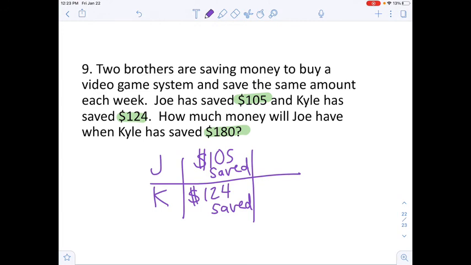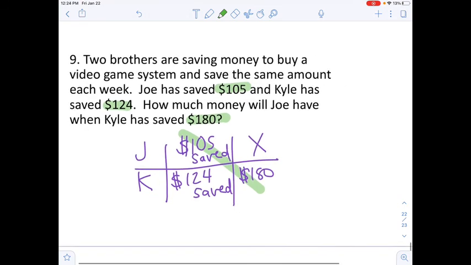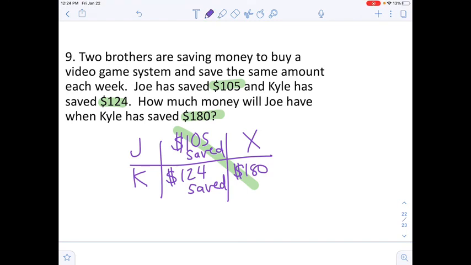Then we're figuring out how much Joe will have when Kyle has saved 180. So I'm going to cross multiply here. I'm going to take 105 times 180. And I get 18,900 equals, and then 124 times x is 124x.